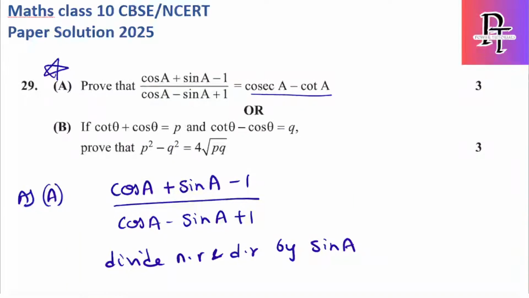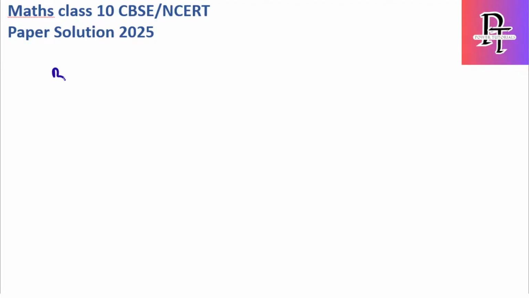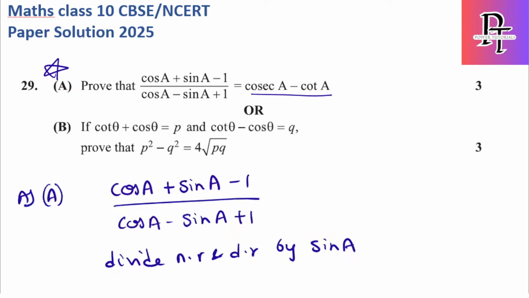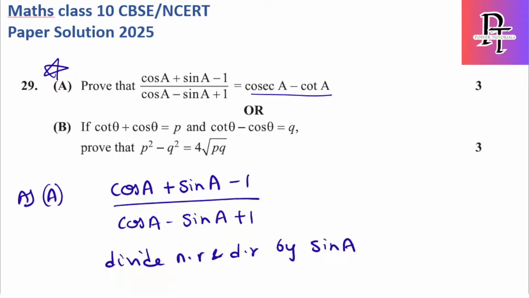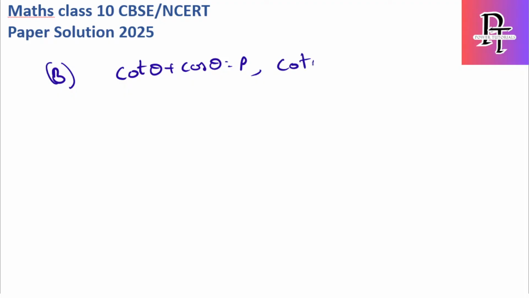Now let's solve the B part. So what is B? Cot theta plus cos theta is equal to P, and cot theta minus cos theta is equal to Q. What are they asking to prove?